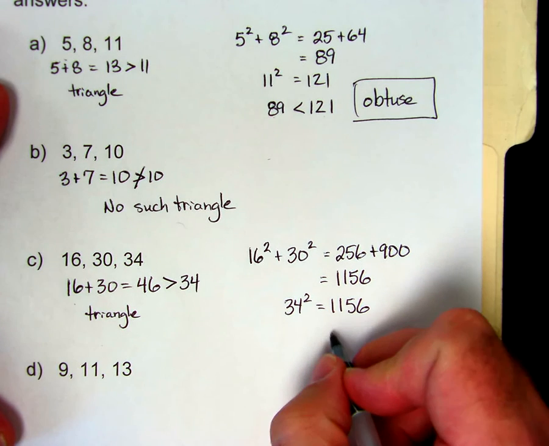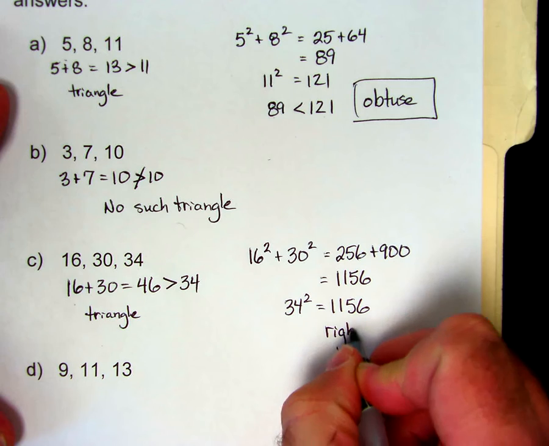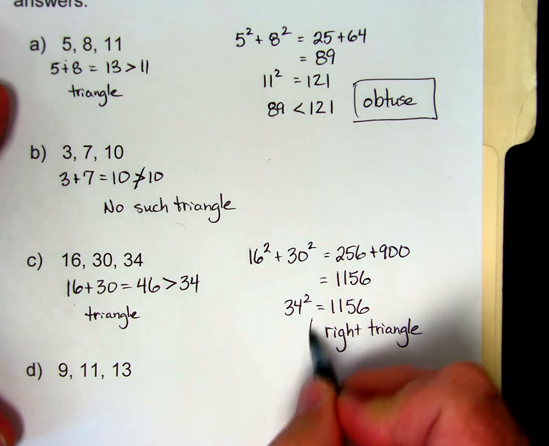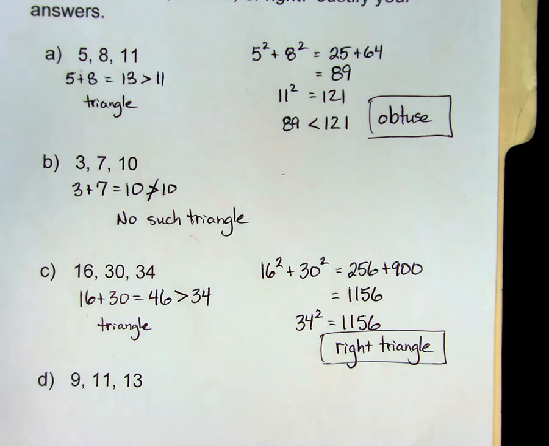So this one is a right triangle. Because if I find the sum of the squares of the two shorter sides, it does equal the square of the longest side.